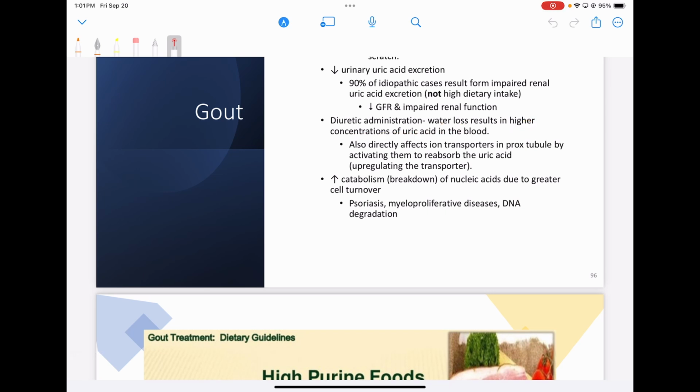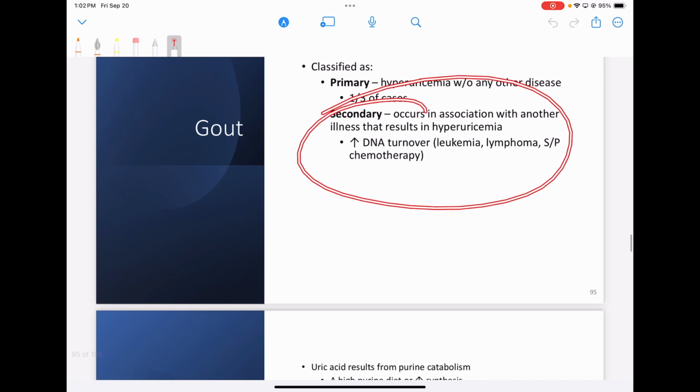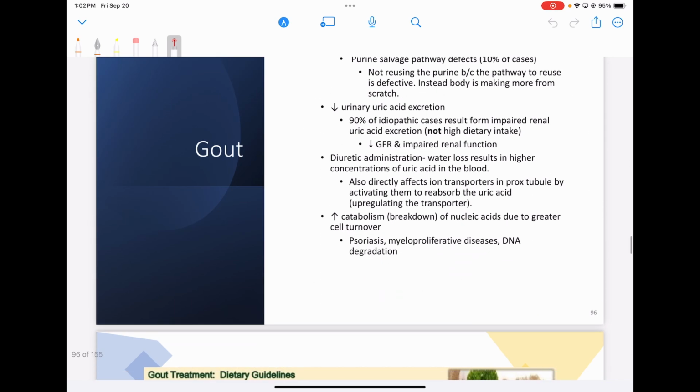So giving diuretics, you're going to lose that water, and it can precipitate out, causing the crystals to form. And the last one is increased catabolism or breakdown of nucleic acids, for that greater cell turnover that we talked about with the 2/3 of the cases. High DNA turnover is what this one is talking about.